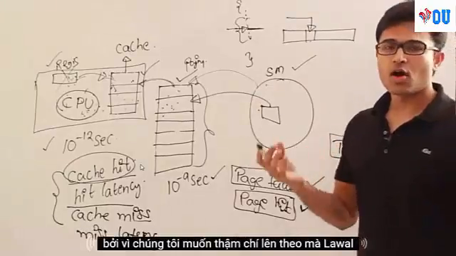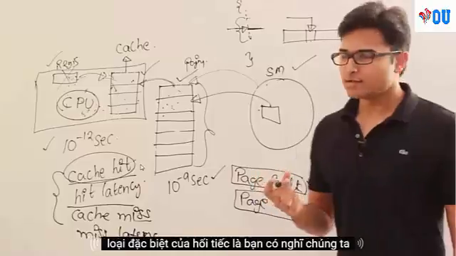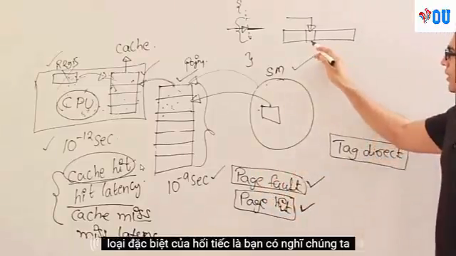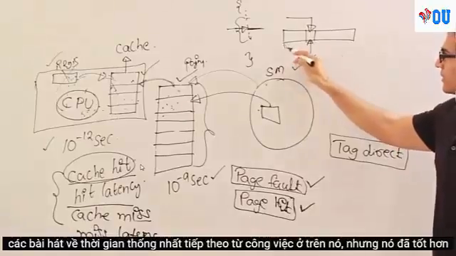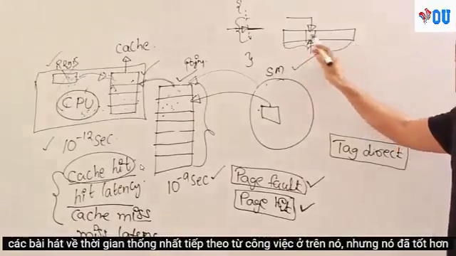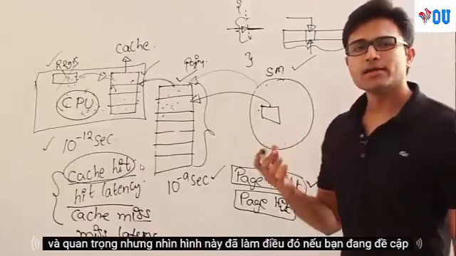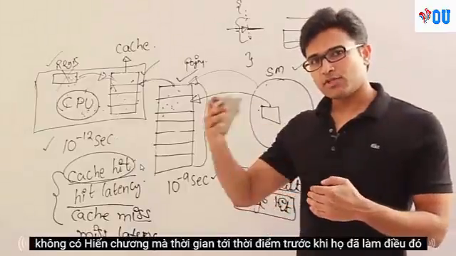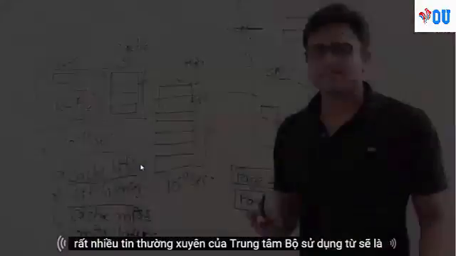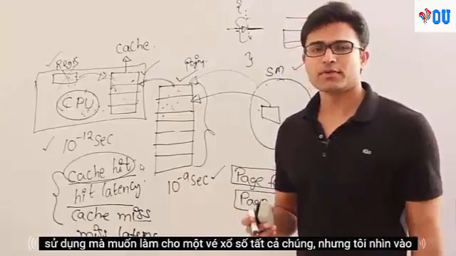Because we want to follow the law of spatial locality of reference. Spatial locality of reference says that if you are referring to a particular word, then the chances are that next time you will refer to some word around it. And temporal locality says that the chances are greater that the least recently used word is going to be used.